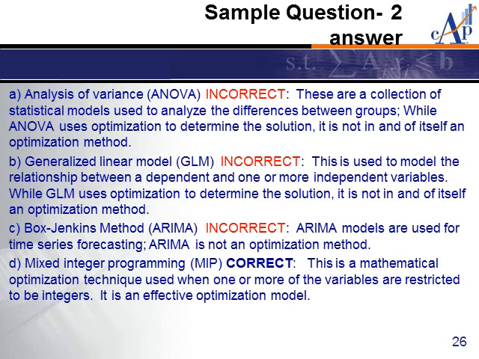It could be used to create a solution, but it is not an optimization method. How about GLM? That is a method where they use minimization of error and so forth. But again, it is a prediction model. It is not an optimization model, not in and of itself. Same goes with the Box-Jenkins method also. So the correct answer is mixed integer programming.